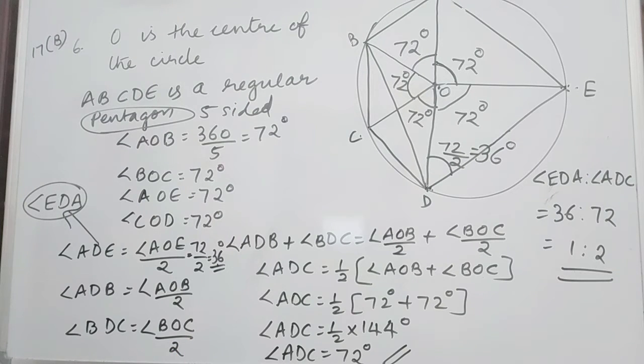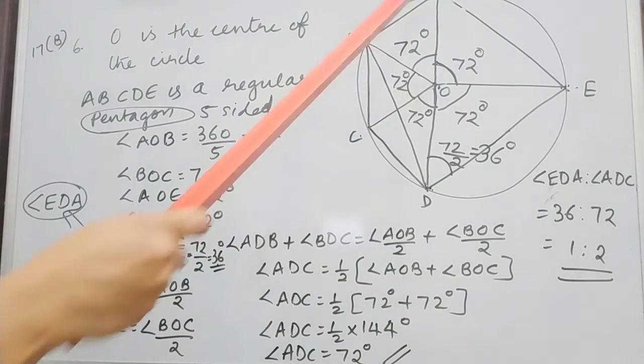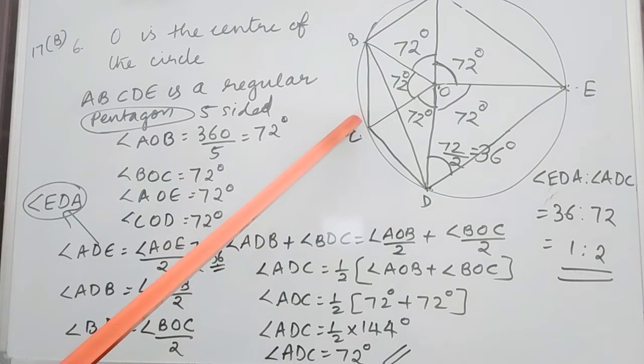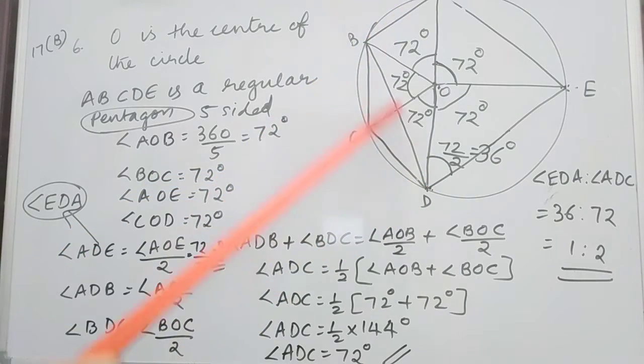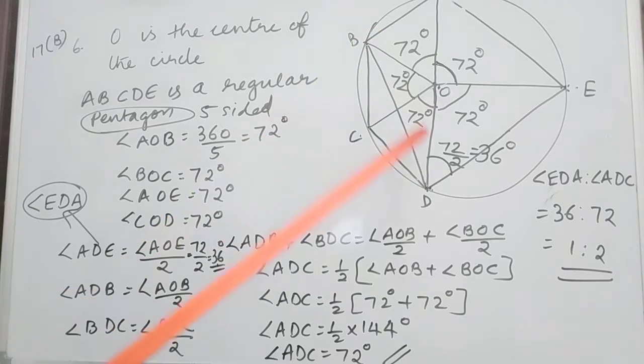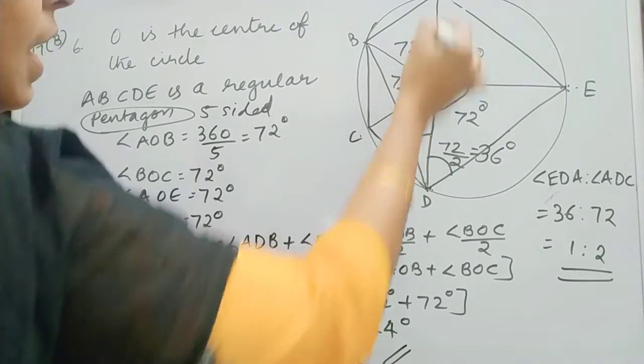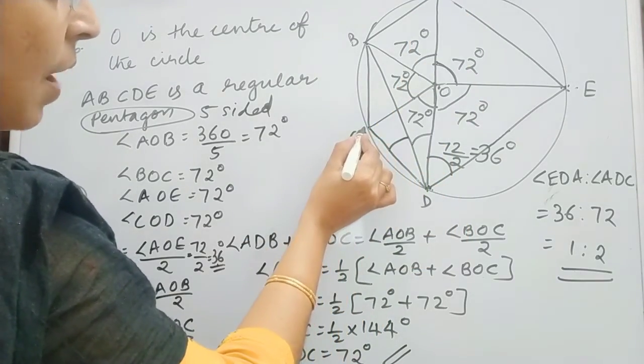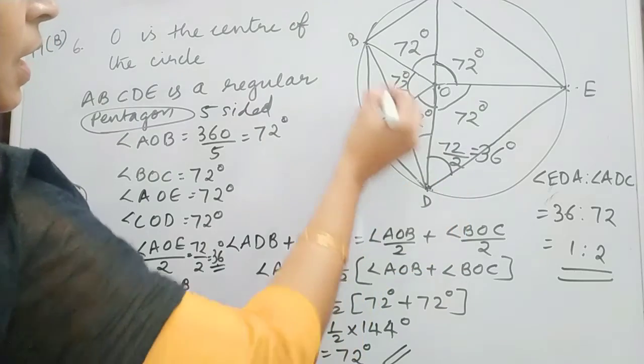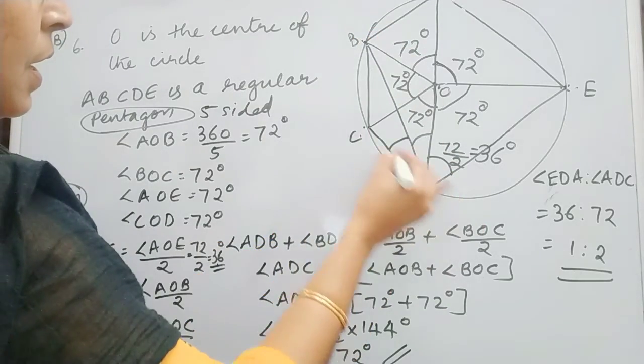We want to find out ADC. ADC means what? ADC is ADB plus BDC. If we add these two angles, ADC is the sum of ADB and BDC.